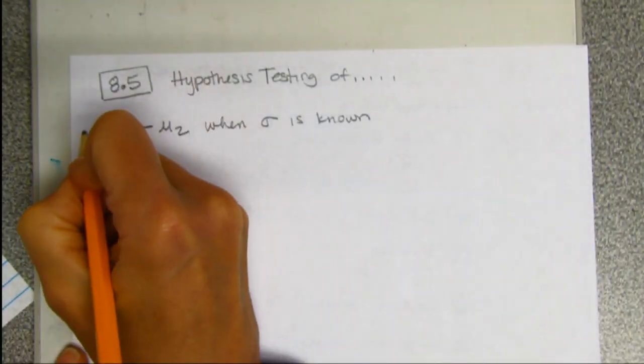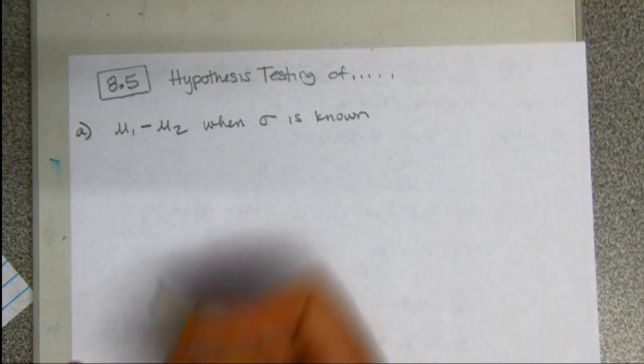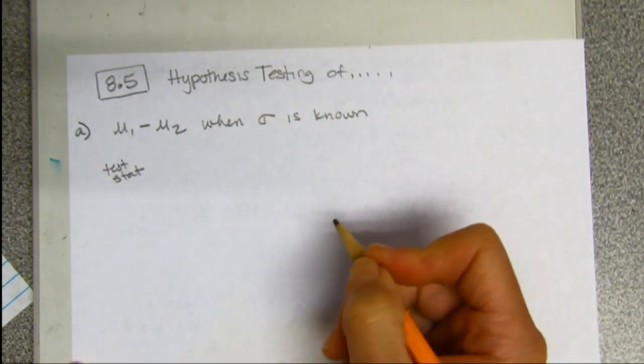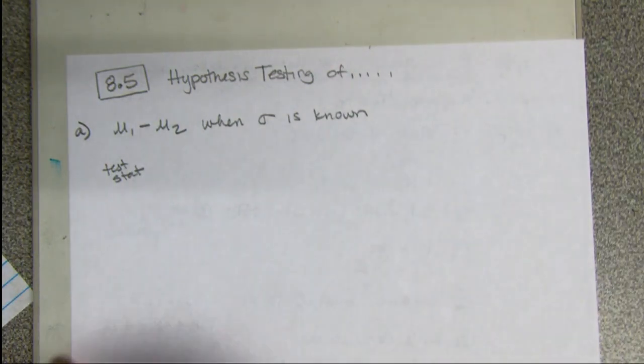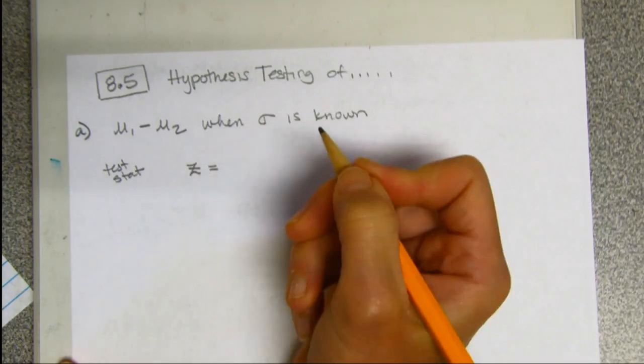Maybe I'll call this A. And your test statistic is gotten by this formula. It's going to be a z-value when sigma is known.